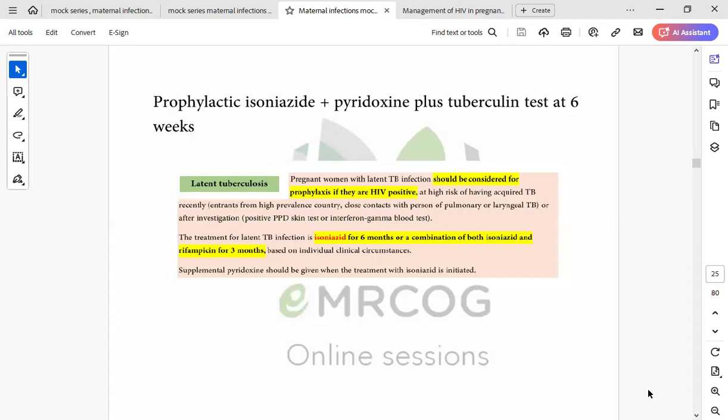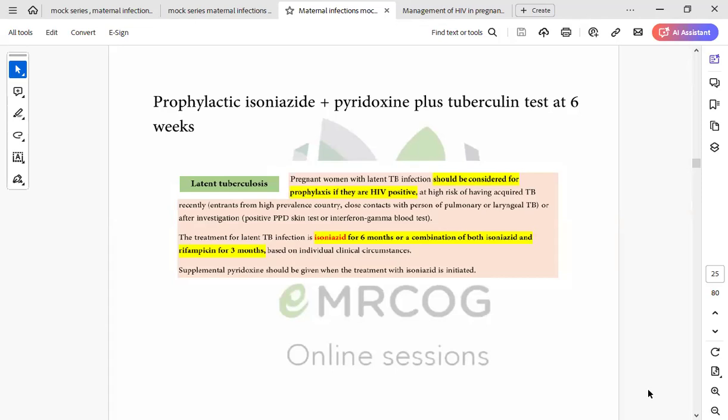This means, guys, that she is having latent tuberculosis because she is asymptomatic. Why? Because we discovered it incidentally. When she went in labor, nothing was obvious on her, okay?